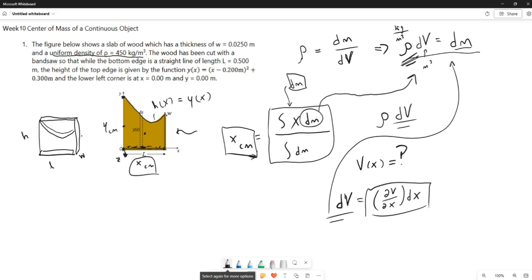And so then what we need to do is, well, we're actually given that height is a function of x. And so to get this total volume here, it's really the same as the area under the curve times the width, right? Because this curve makes some area with respect to x and y.